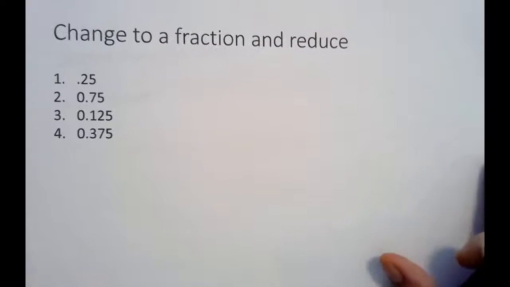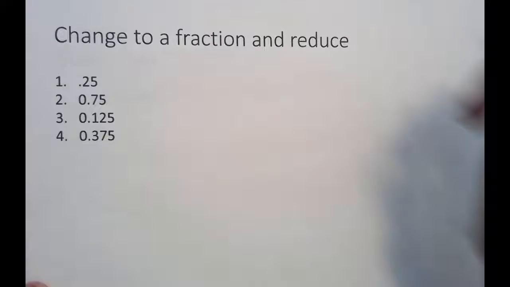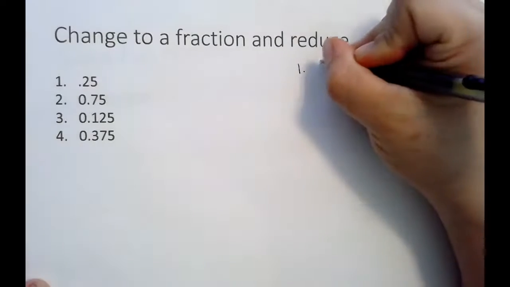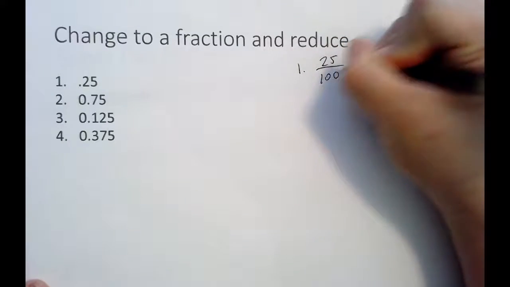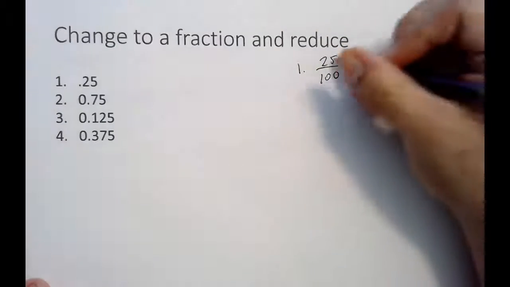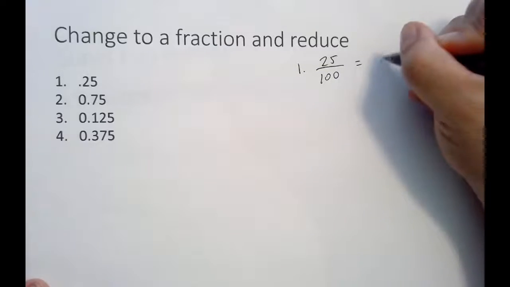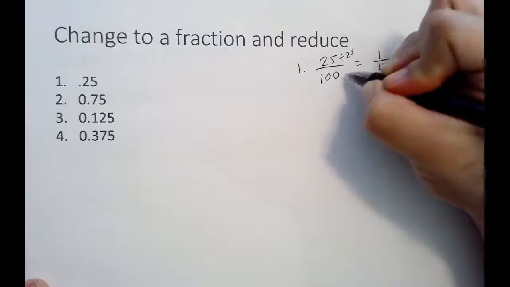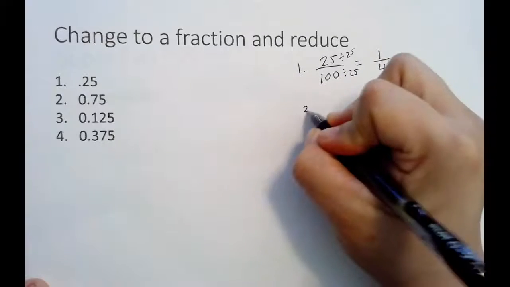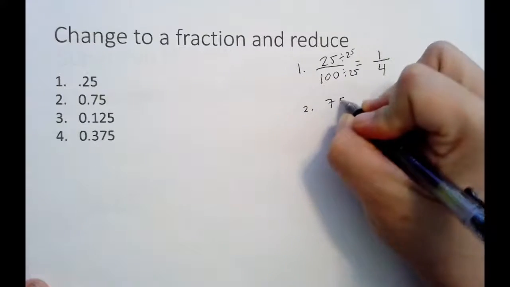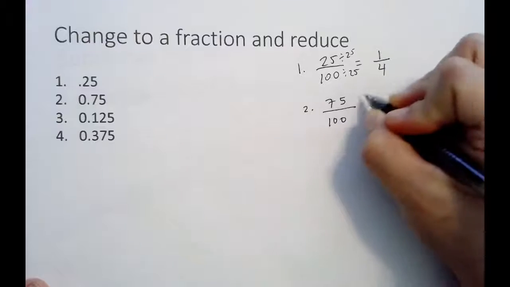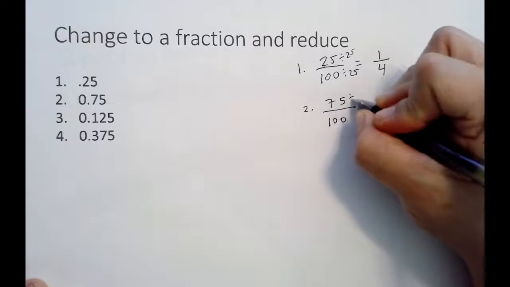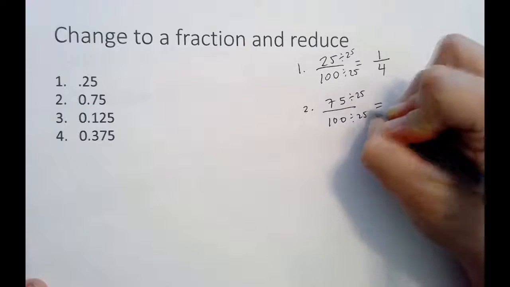Okay, so let's change to fraction now and reduce. For the first one, you would have 25 over 100. If I reduce that, I divide top and bottom by 25, it becomes 1/4. And then number 2, you get 75 over 100. If I divide that top and bottom by 25, I get 3/4.